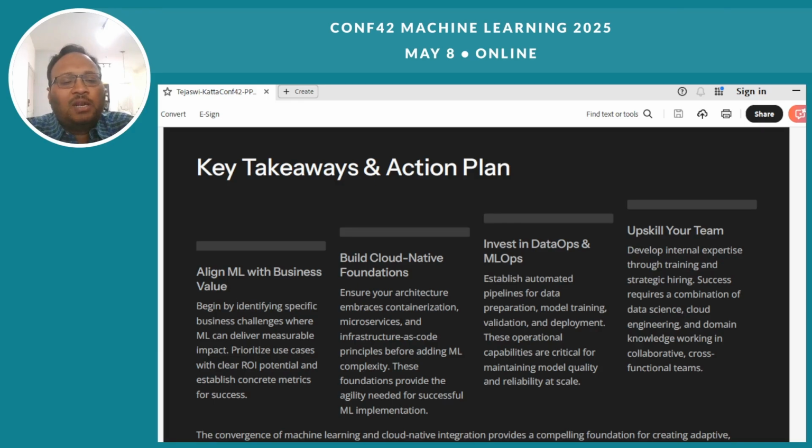Third, invest in DataOps and MLOps to automate the pipelines and maintain model quality at scale. And lastly, upskill your team, combining data science, cloud engineering, and domain expertise in cross-functional squads. Following this action plan, you will build adaptive intelligent systems that continuously drive business value.